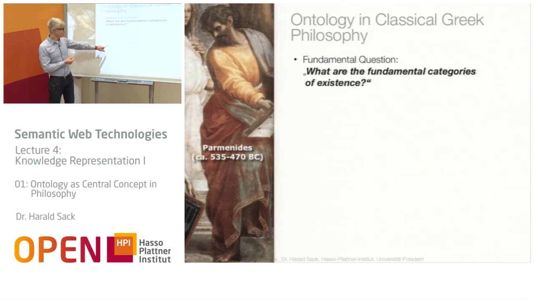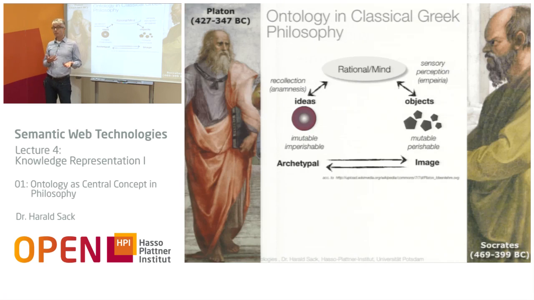And after him, there is Socrates and Plato, two of the great philosophers from ancient Greece, and they had the idea, okay, reality is something completely different than what we perceive with our senses. So here is the first time this idea I have told you about. They say things that we see in the real world, these objects of sensory perception, they are mutable, they are perishable.